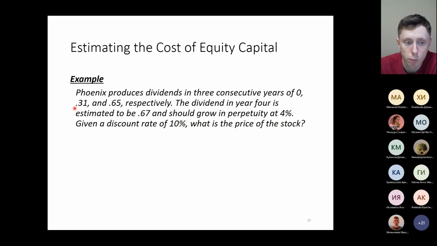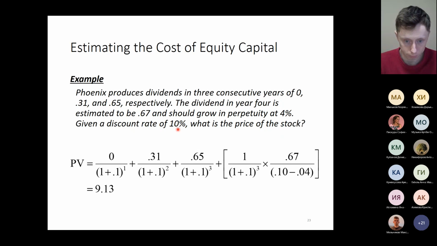If there is just .31, it means 0.31, or 31 cents. In the fourth year, the dividend is expected to be 67. After that, we expect perpetual growth of 4%. 10% is the discount rate. What is the price of the stock?